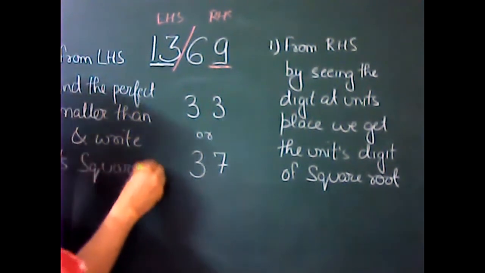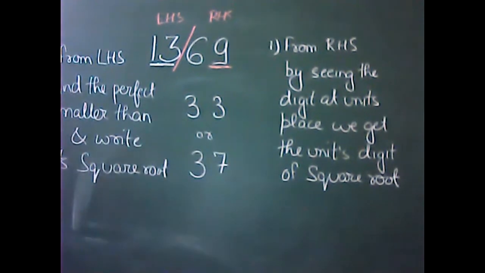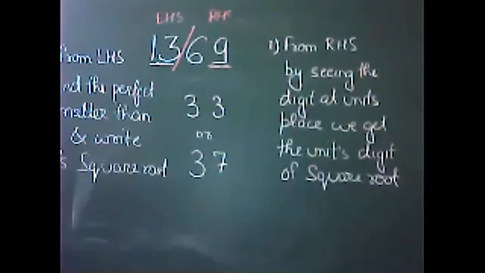I took 9 because the perfect square smaller than 13 is 9.